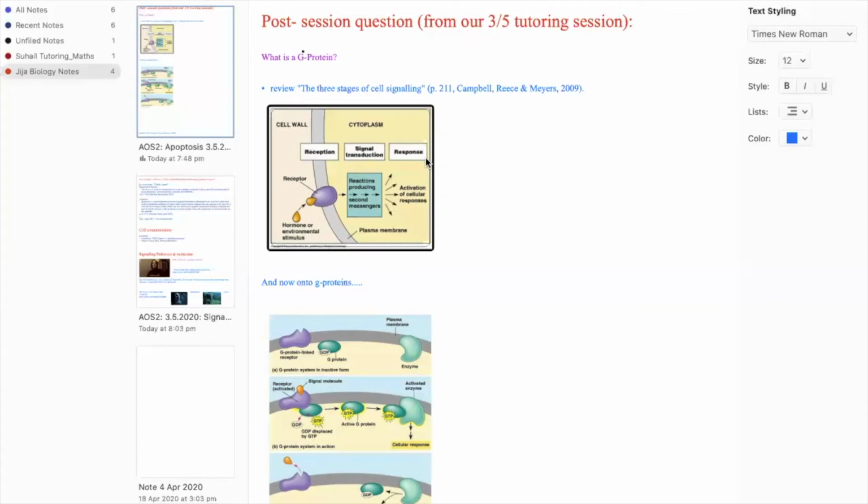The third step that we covered is our response. Basically, the transduced signal finally triggers a specific response within the cell. And this response can be almost any imaginable cellular activity, whether it be catalysis of an enzyme, for example in glycogen, a rearrangement of the cytoskeleton, the production of a protein, or activation of specific genes in the nucleus.